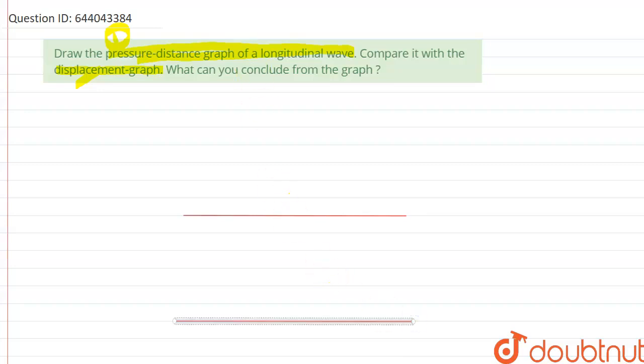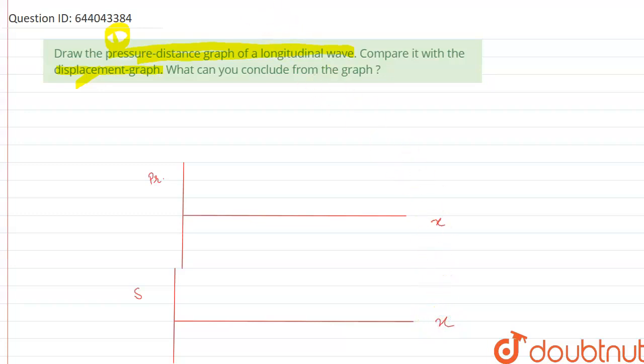So in this first one we are going to make the pressure distance graph, and for the second one we are going to make the displacement and distance graph. Let me write it here as pressure graph versus distance graph, and here it should be displacement graph versus distance graph.